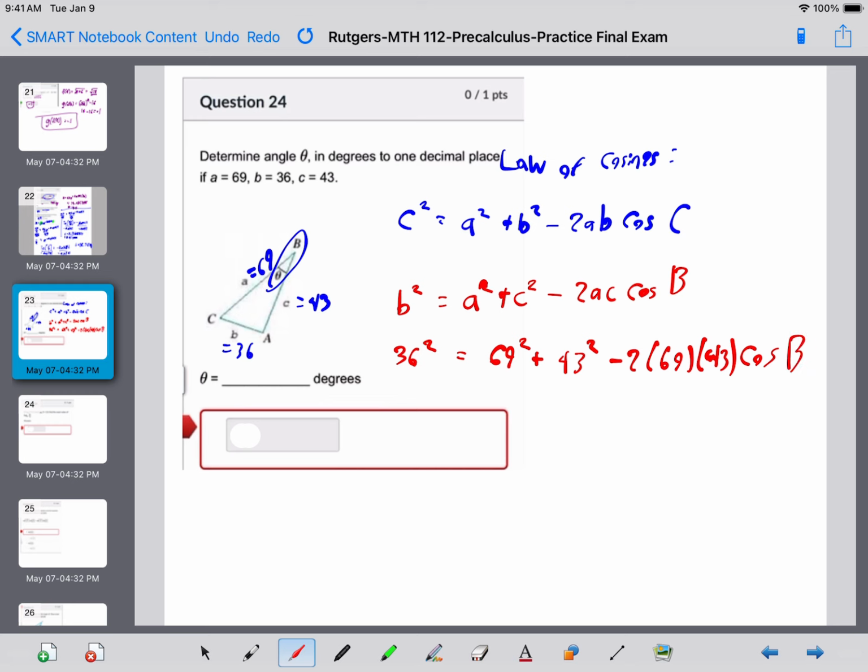We're trying to solve for cosine of b. So I could subtract the 69 squared on both sides, could subtract the 43 squared on both sides, and then I could divide by this, negative 2, 69, 43.